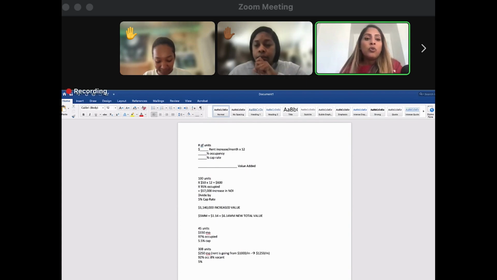So you're going to start doing it immediately on the vacant units. It's 8%. You can immediately start with a value add. Then as your leases expire, you'll start doing your renewals and you can try to increase it there, or you can go in and lease it to somebody new at the increased rent.